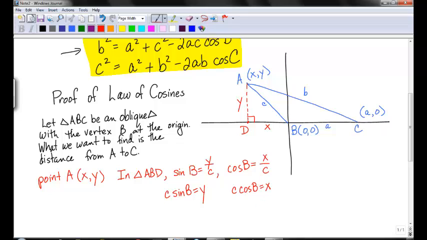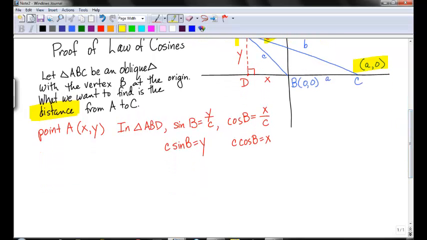So x, y is now c cosine of B and c sine of B. Now, the key thing is that what we want to find is the distance between A and C. We've got two ordered pairs, so we use the distance formula.